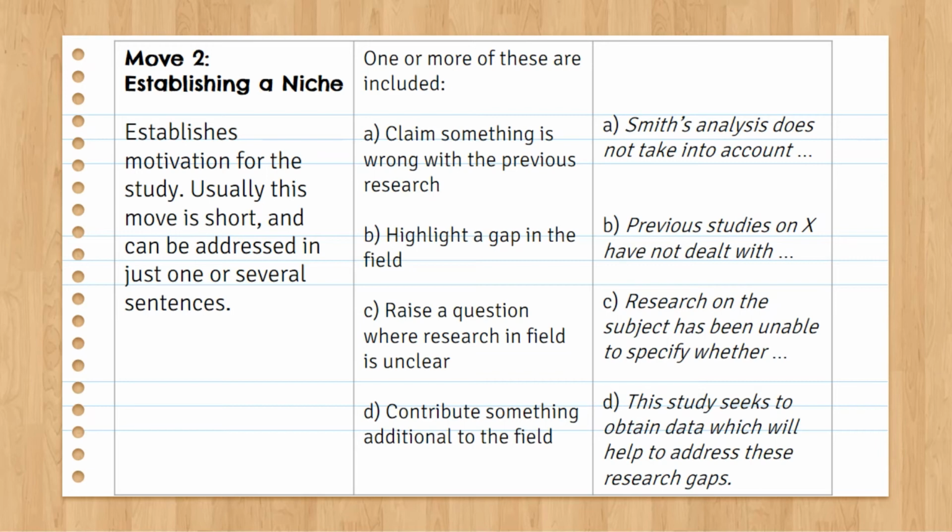The sample language you can use for this is: previous studies on X have not dealt with. Followed by the third sub-move, which is raising a question where research in the field is unclear. And the sample language for this is: research on the subject has been unable to specify whether.